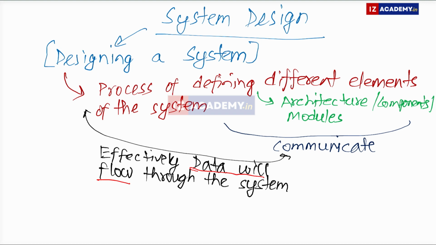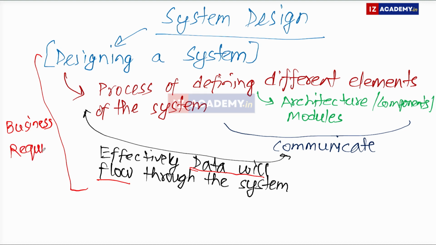And why are we designing a system? Why are we defining the process around different elements to communicate? Why are we trying to ensure that effective data flow will happen? Why is all this happening? This is happening in order to meet business requirements, isn't it?